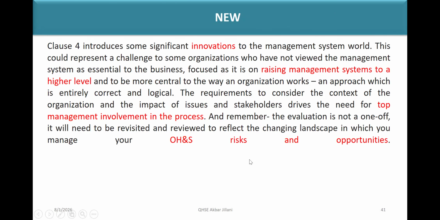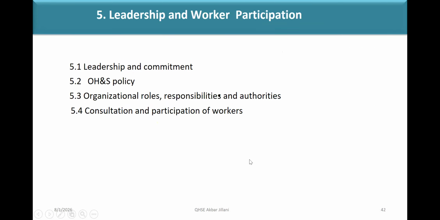Now we'll come here. Leadership and worker participation. So now, someone is auditing your management system. What will they look for in your system? They will search for your internal and external issues.